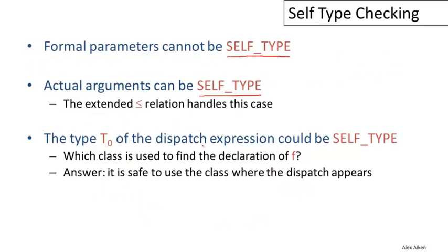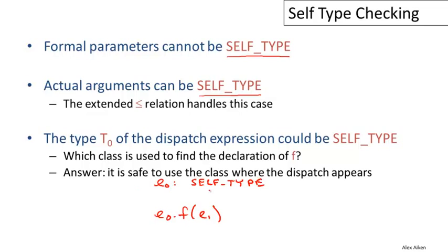One interesting detail is that the dispatch expression itself could have a type self-type. What do I mean by that? Well, let's think about E0 dispatching to method f. And then what happens if E0 has type self-type? What if we can prove that E0 has type self-type?